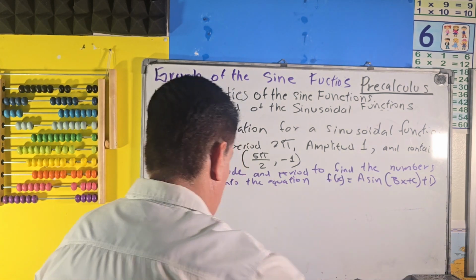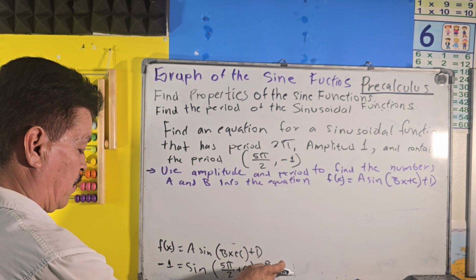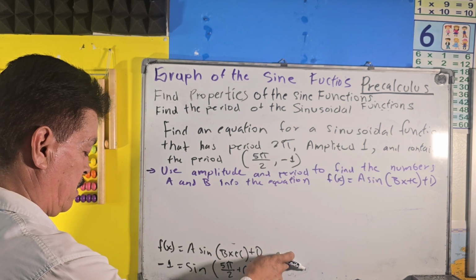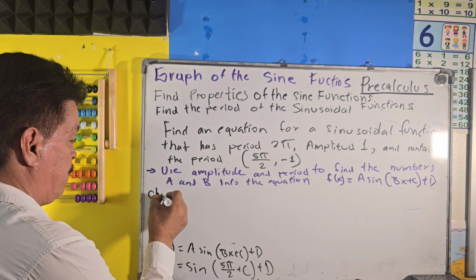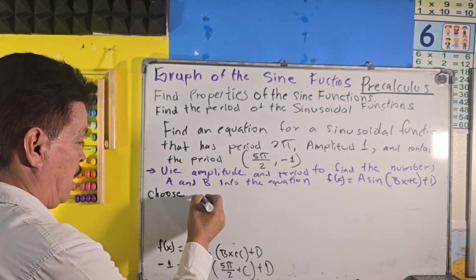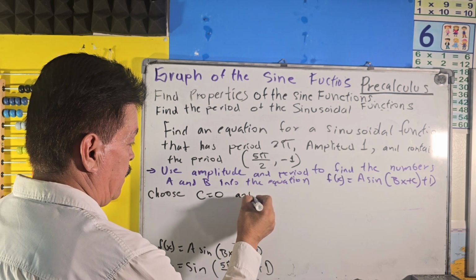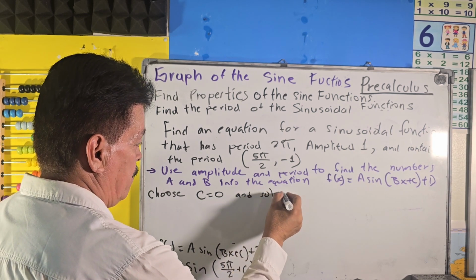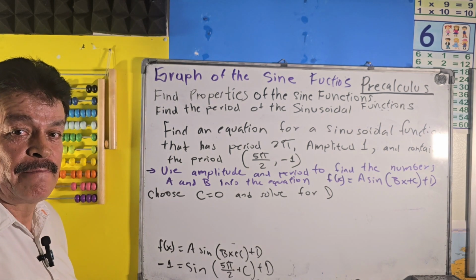And then I will continue on the top. Look at this, I am here. So right here, this is the last point. So choose c equals 0 and solve for d. Okay?